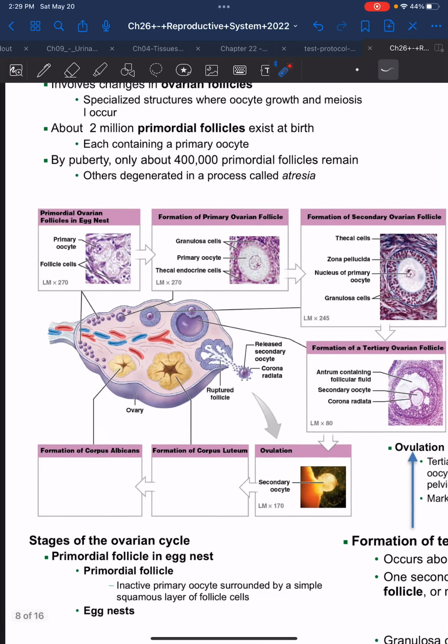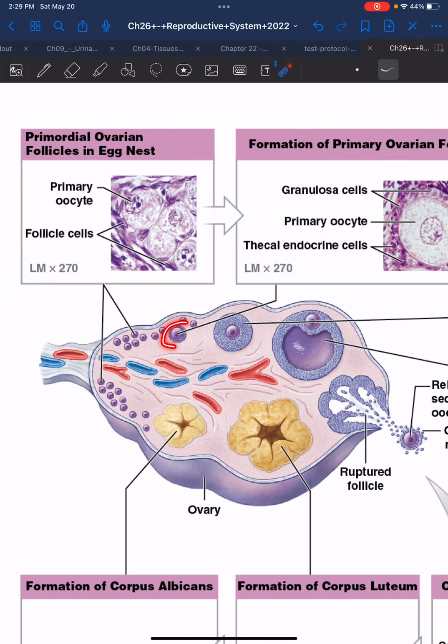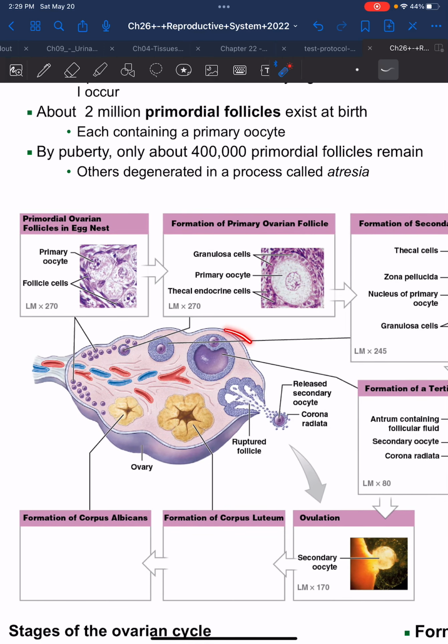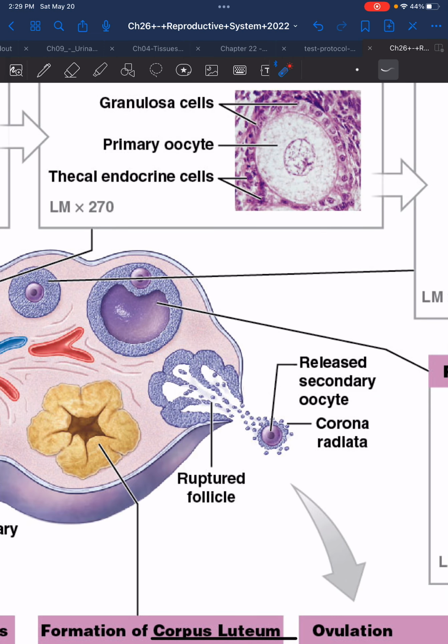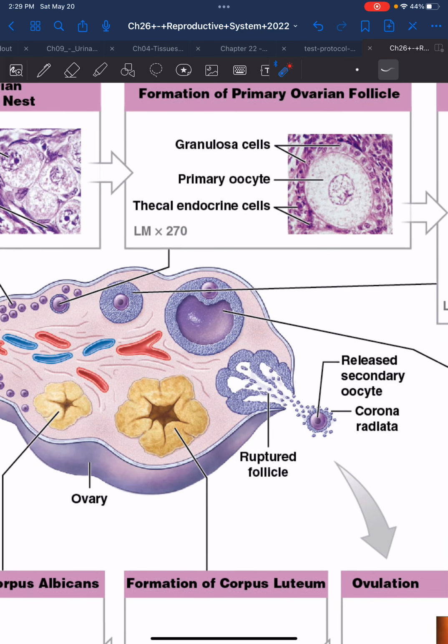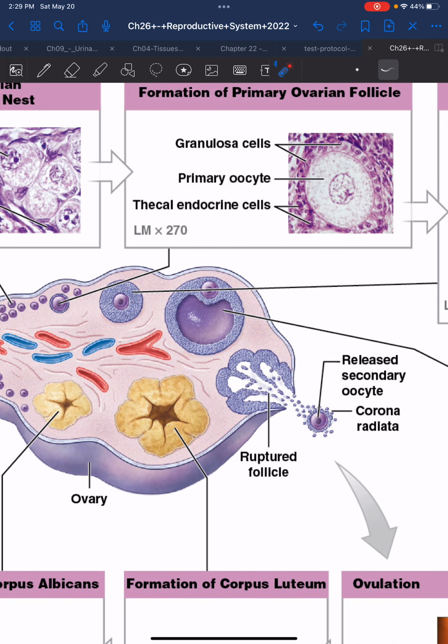Just like before, if we follow our pictures, we have our primary becoming our secondary, becoming our tertiary, and then finally, ovulation is the release of that egg with its corona radiata, and then the follicle remains in the ovary, turning into a corpus luteum.